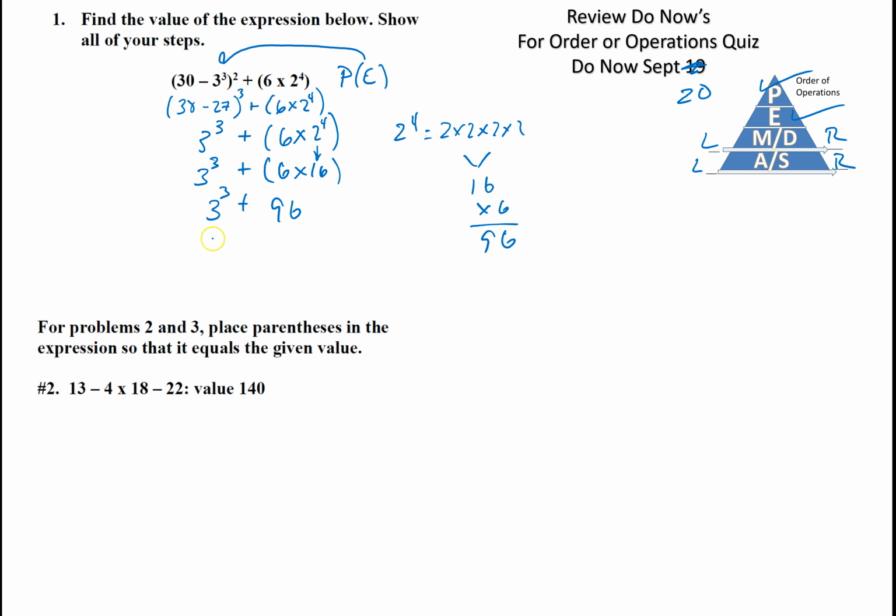And we said 3 to the 3rd power was 27. I'm going to add 27 here. 123. Okay, so that's problem number 1 on September 20th.